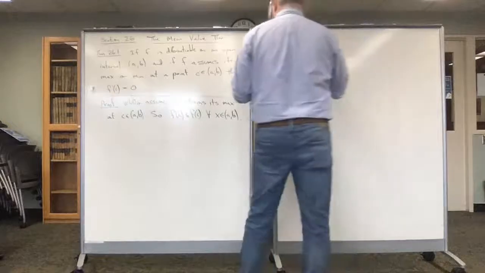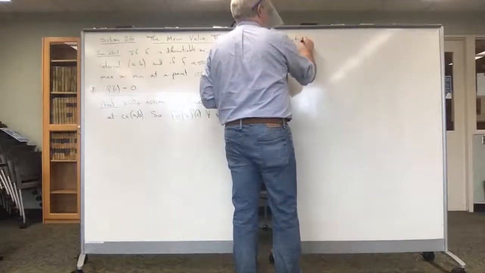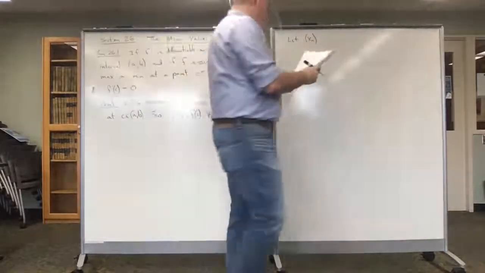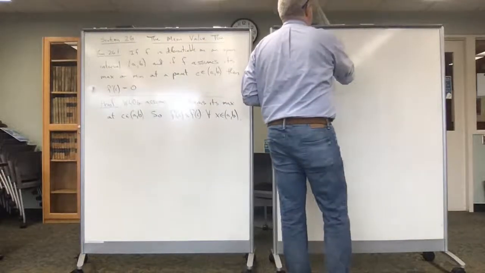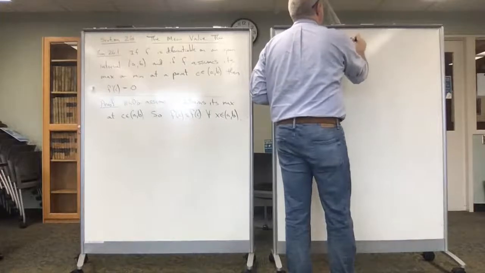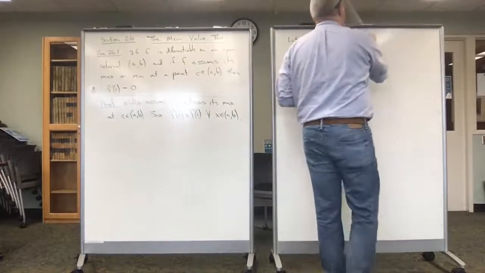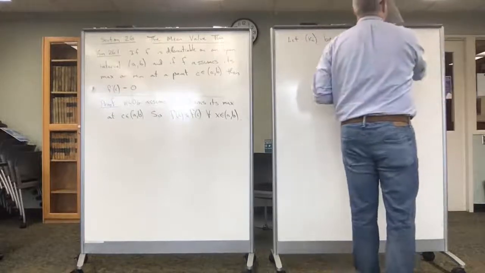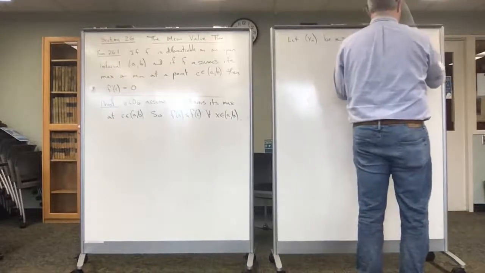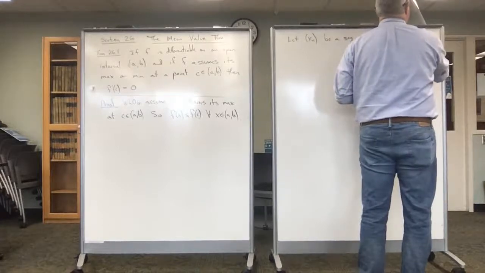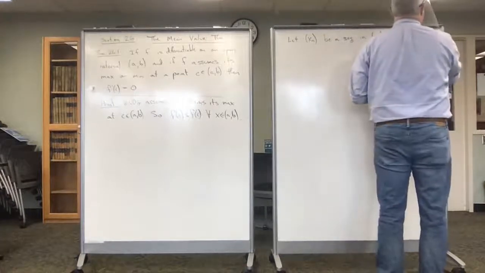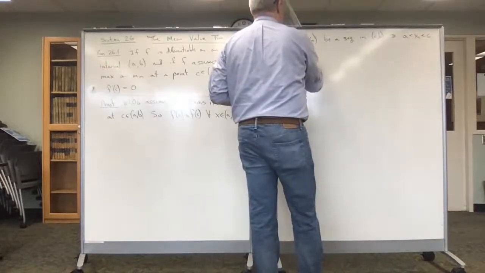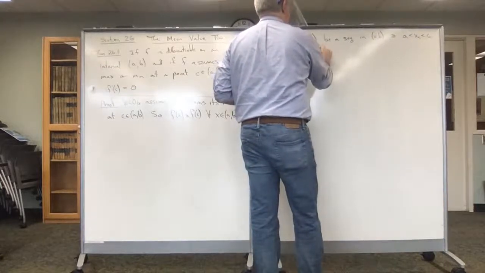Let the sequence x sub n be a sequence in (a, b) such that a is less than x sub n is less than c for all n in the naturals.